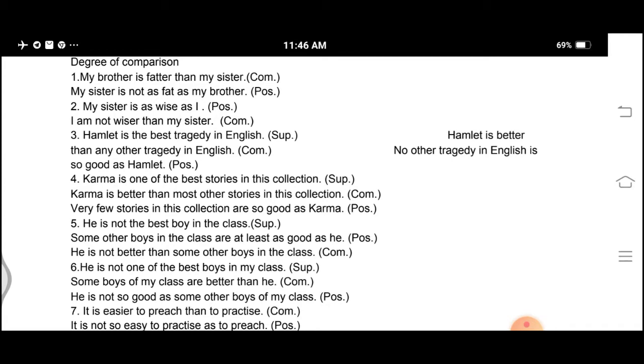That is why this structure is used at the time of making comparative. If we make it positive, this structure will follow: No other tragedy in English is so good as Hamlet. No other, so. This is the structure to change superlative to positive.